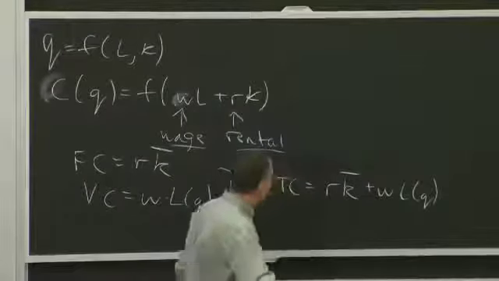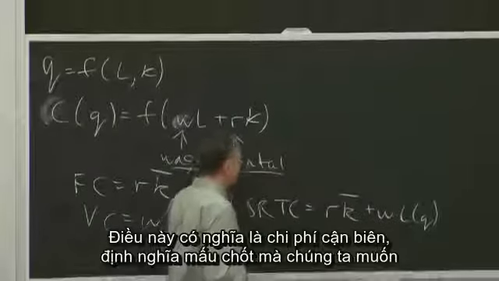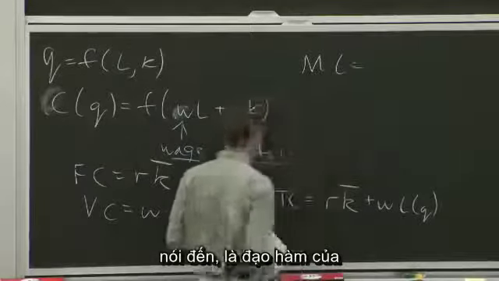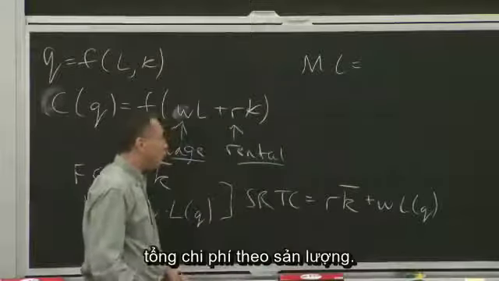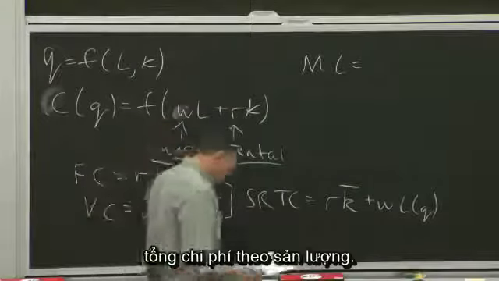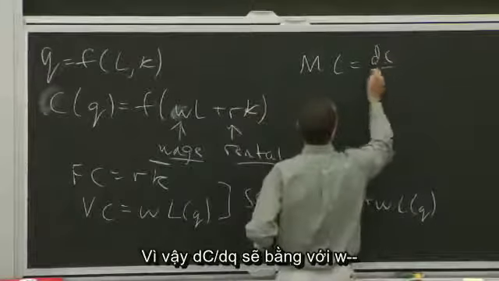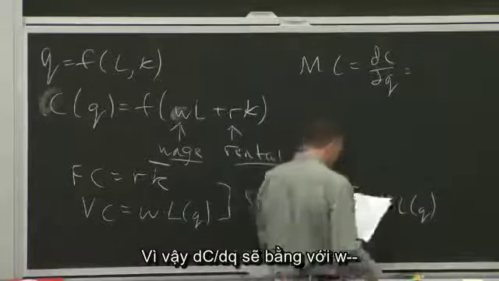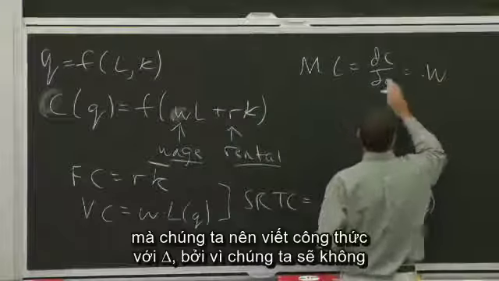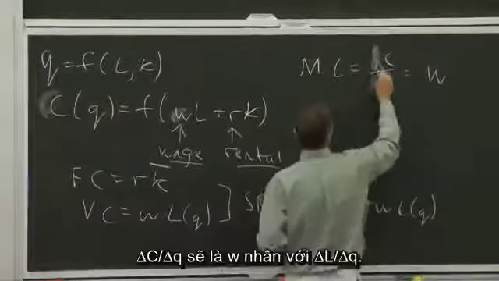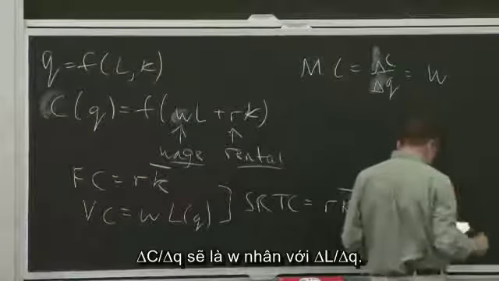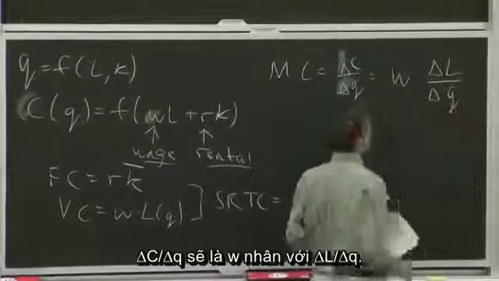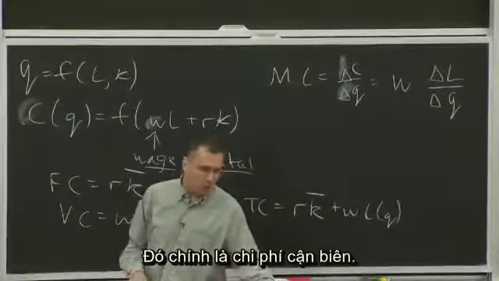This implies that the marginal cost, the key concept we want to work with, which is the derivative of total cost with respect to quantity, dC dQ, is going to be equal to W, or let's do it in deltas because we're not doing calculus here, delta C over delta Q is going to be W times delta L over delta Q. That's going to be the marginal cost.